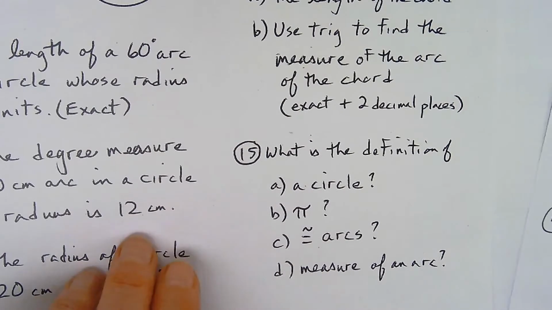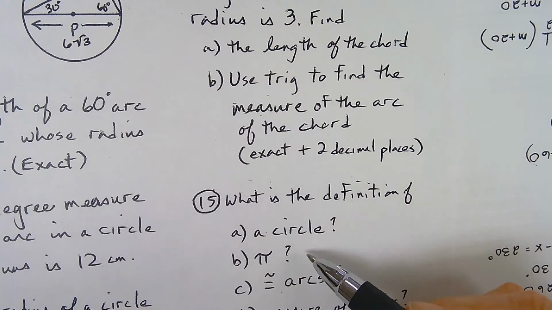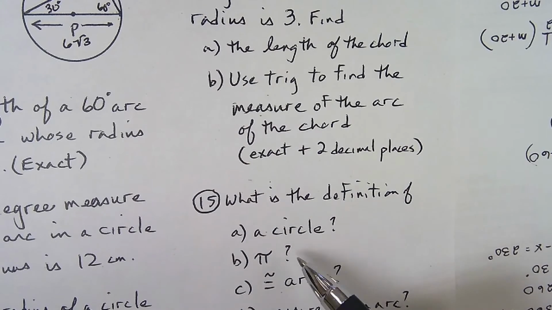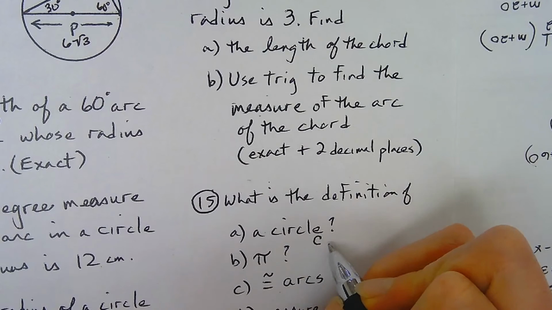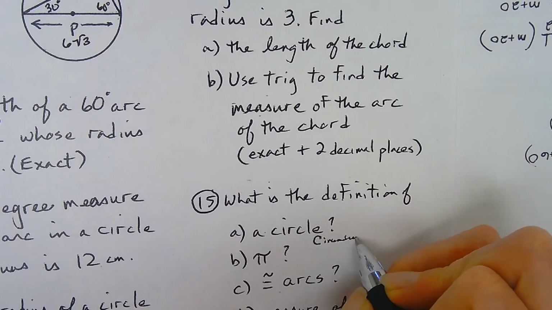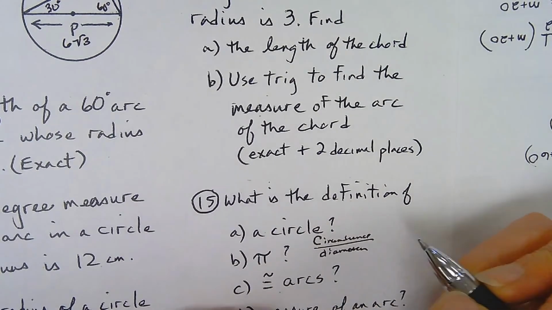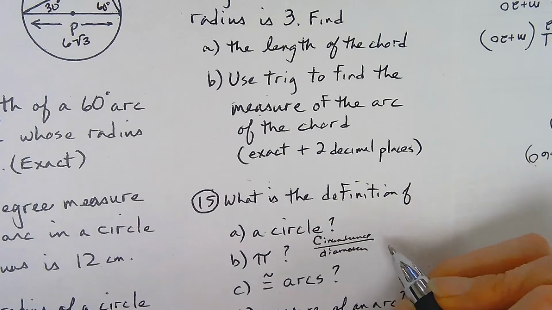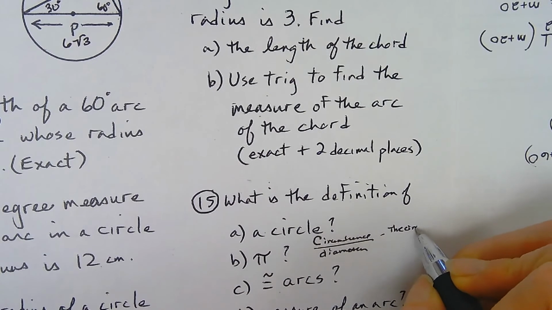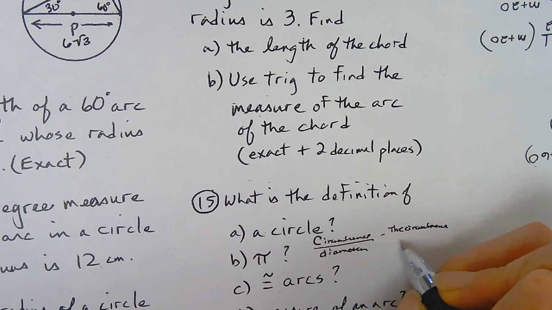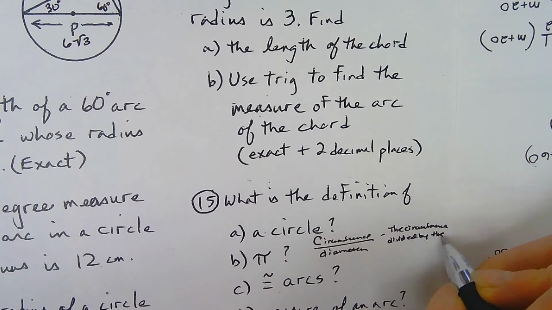One last idea before I go is when you're finding the definition of these words, the definition of pi is the circumference of a circle divided by the diameter. If you want to write it in words, you could say the circumference divided by the measure of the diameter, or the diameter.